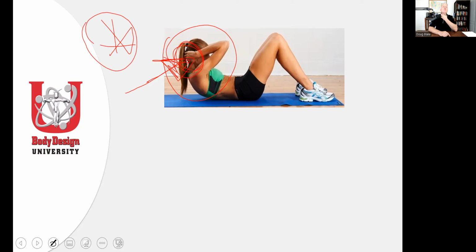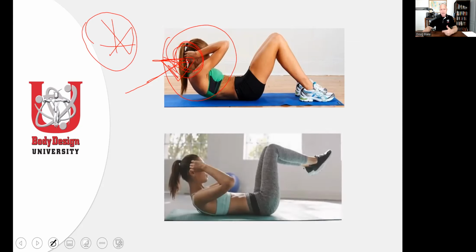Now, by the way, they'll also feel it in the front. Why? Because the cervical flexors now are coming into play. So there's a balance. And so the idea is, if you look at this individual, what do you notice? Well, she's not tugging on her head, but she also doesn't have her hands out here. They're just touching slightly on the head to make sure that it's all abdominals and it's not pulling this way.